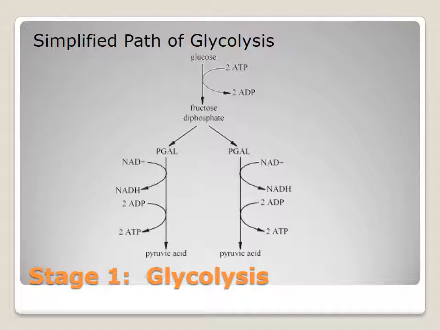That fructose diphosphate's then broken into PGAL. And in the process, 4 ATP come out. 2 went in, 4 come out, giving you a total that you produced in this whole process of how many? 2. Do you see that? Did I lose you on that? Okay.